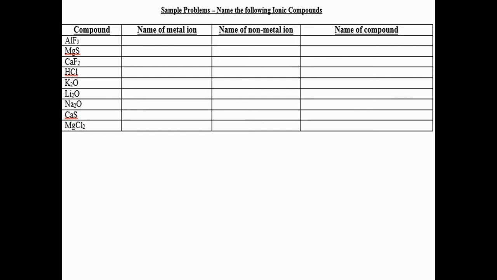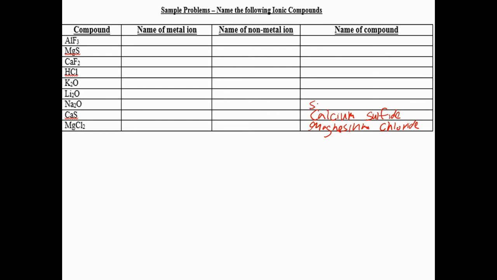Let's go ahead and try MgCl2. That's magnesium, and then chlorine becomes chloride. And then CaS, we have calcium as the metal, and then sulfur is the nonmetal, and that becomes sulfide.